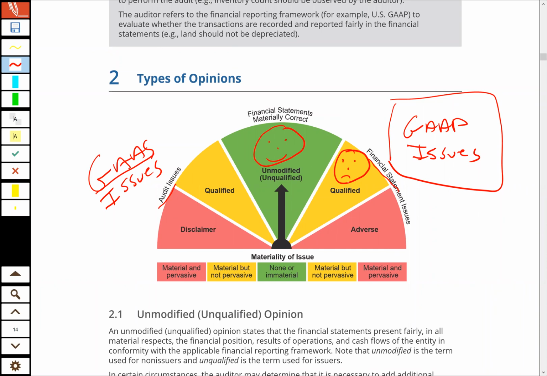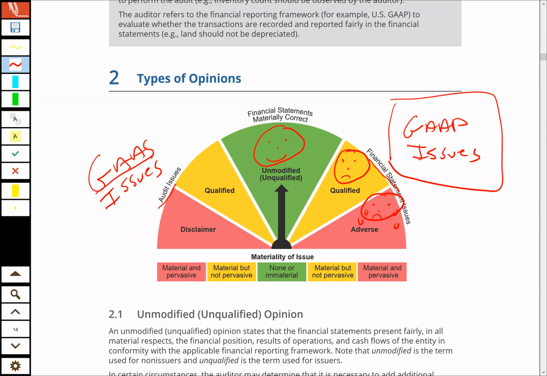That is a GAAP qualification. The auditor is sad. The auditor is not happy with that. Okay. Now, when your GAAP problems go from bad to worse, now, not only is the auditor sad, but the auditor is crying.